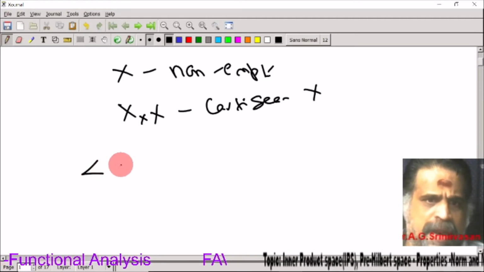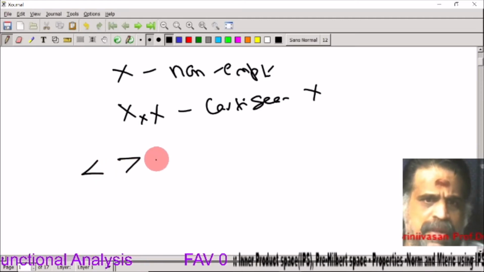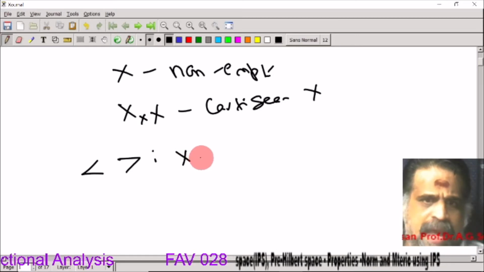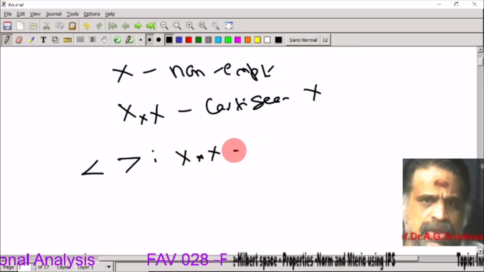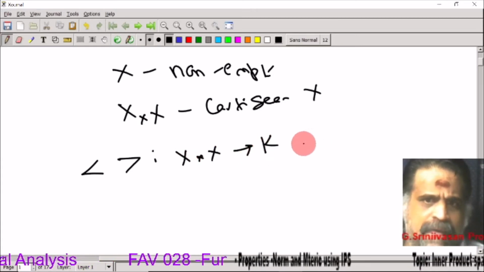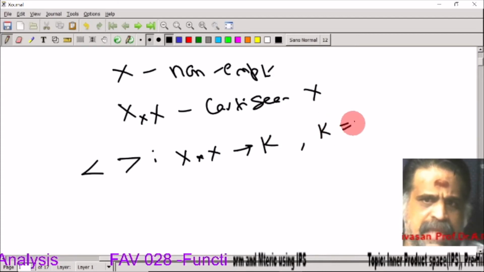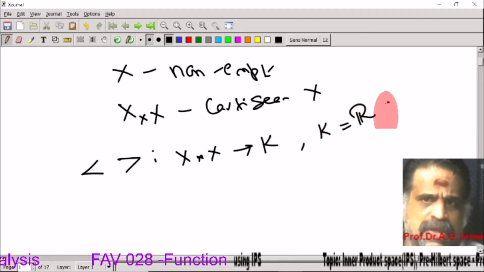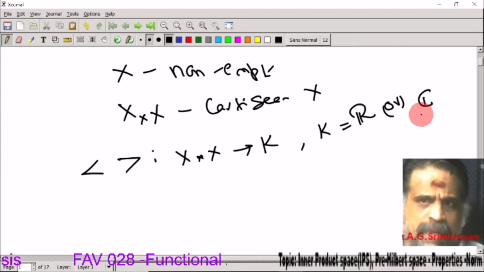An inner product, denoted by this symbol, is a mapping from X cross X to K, where K is either the set of all real numbers or the set of all complex numbers.